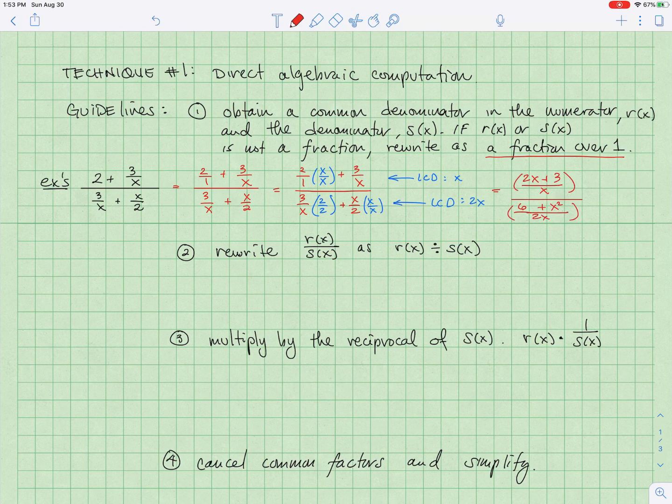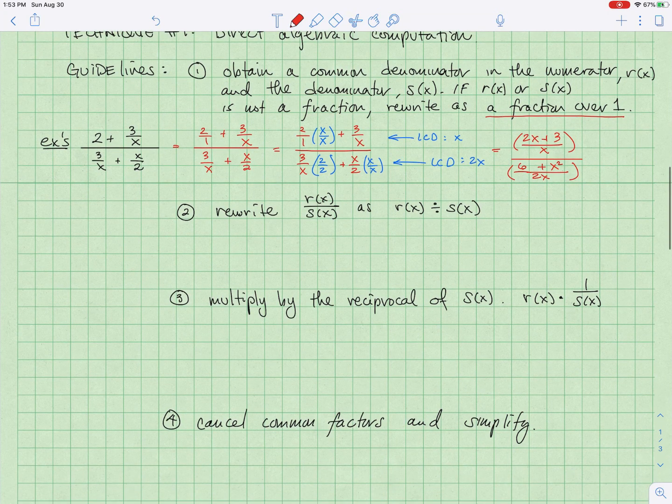So there's our complex rational expression where we have obtained a common denominator in the numerator and a common denominator in the denominator. Next, we're going to rewrite our complex rational expression, r of x over s of x, in the archaic way with this division symbol.